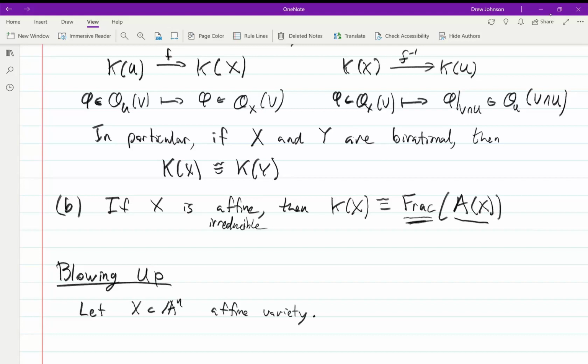So let's say we're given polynomials f1 up to fr in the coordinate ring of X. We set U to be the open subset where these polynomials don't vanish.